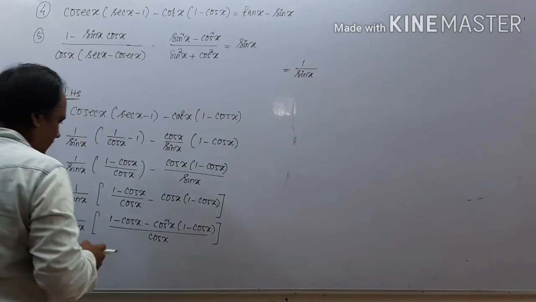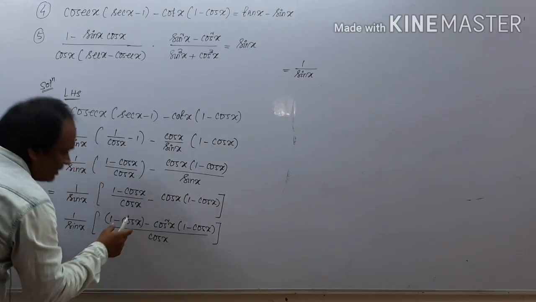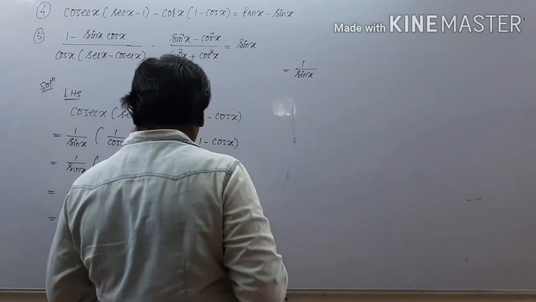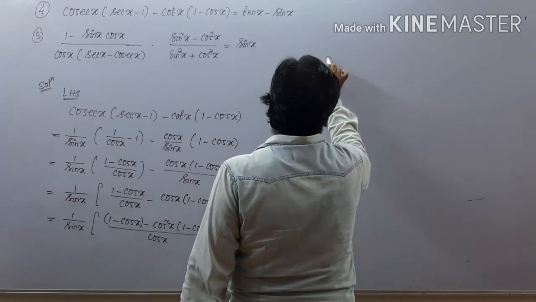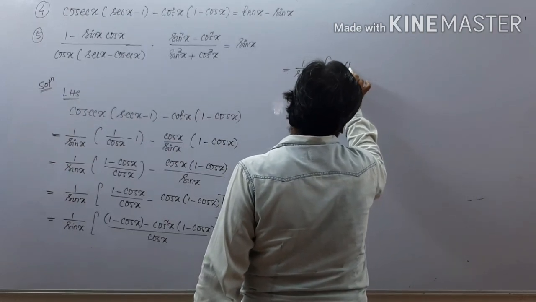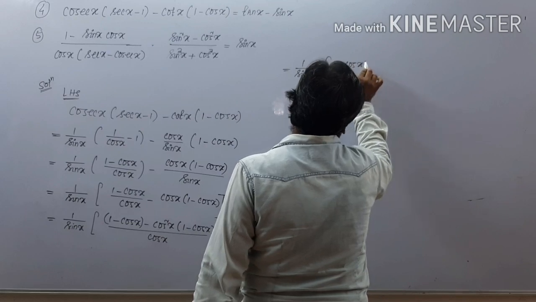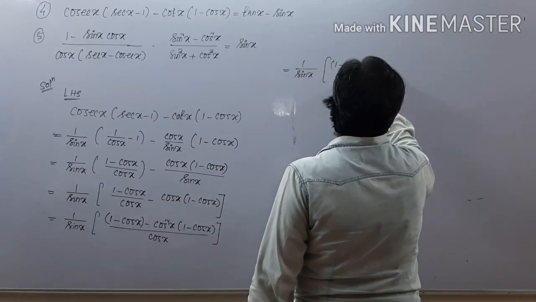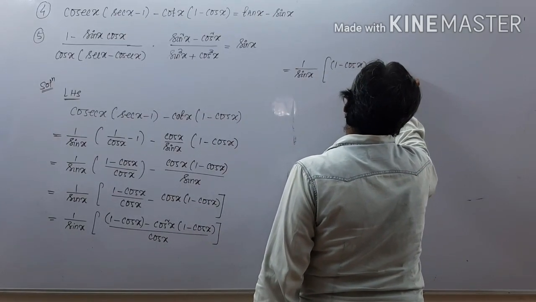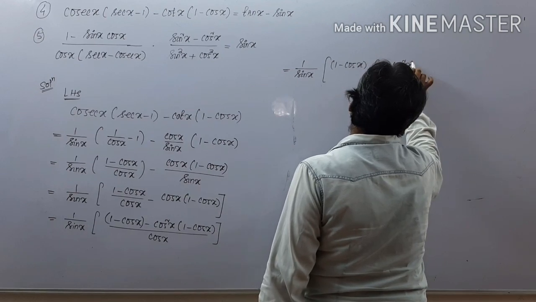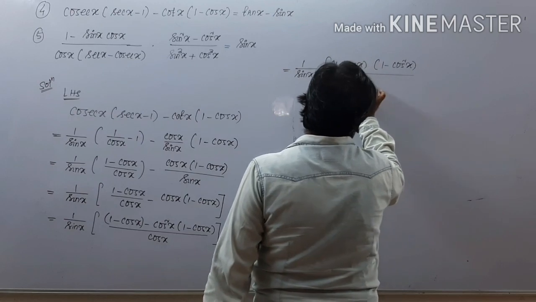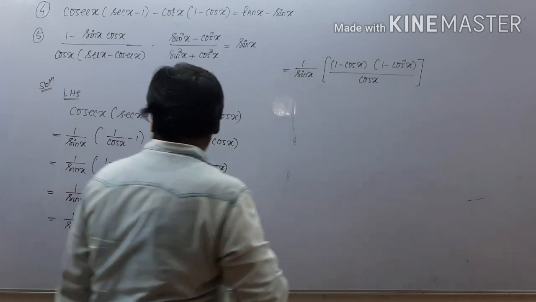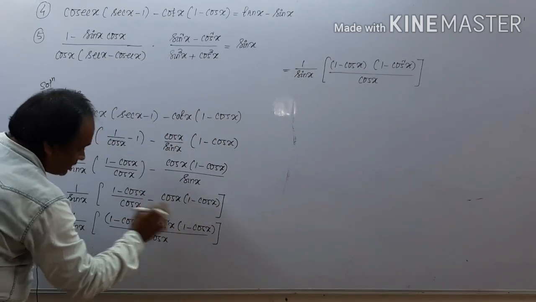Here is one term, 1 minus cos x, and here is another term with 1 minus cos x. So I can take 1 minus cos x as common, and here we will get 1 minus cos square x, divided by cos x. See what I did here: I have taken 1 minus cos x as common.